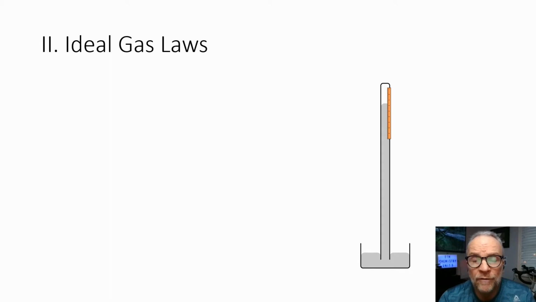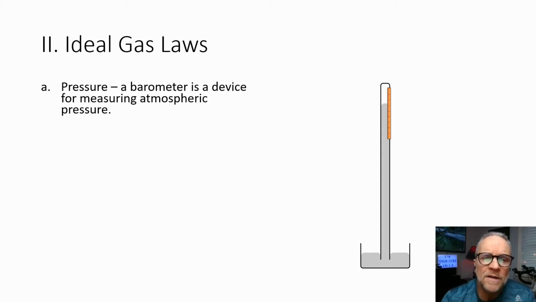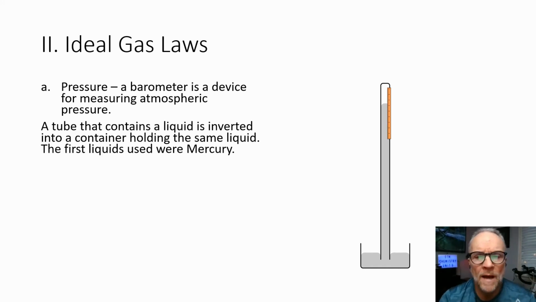Continuing on with our discussion of pressure. Barometric pressure, or the pressure that's all around us every day, is measured in a device called a barometer. There are different devices used now, but we will talk about the mercury barometer as our illustration of how atmospheric pressure is measured, and talk about this measurement of torr and millimeters of mercury. I have an example here of a barometer, and the barometer is an inverted tube.